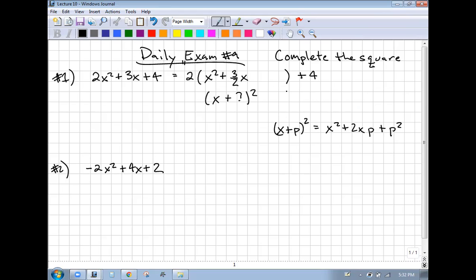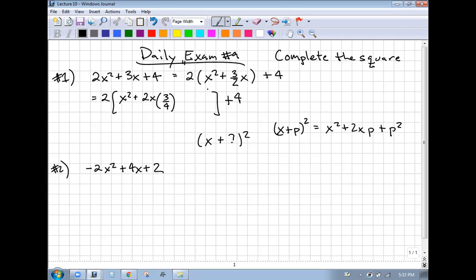So let's put another step in here first. I'm going to rewrite this as x squared plus 2x times 3/4.